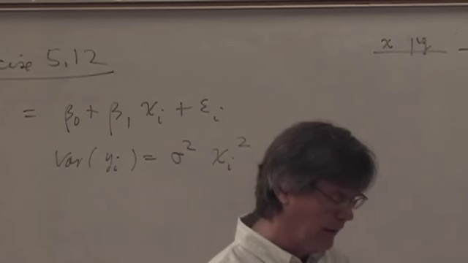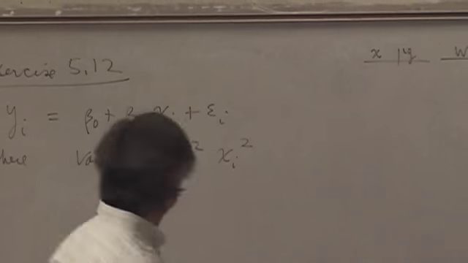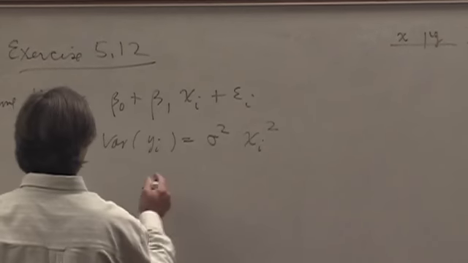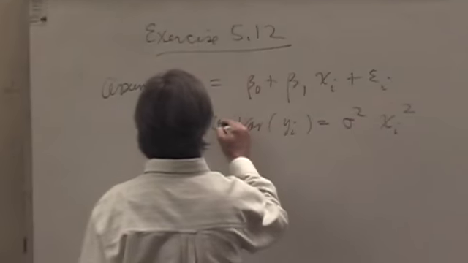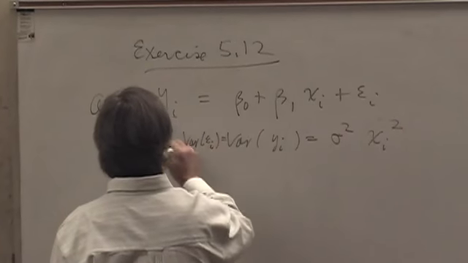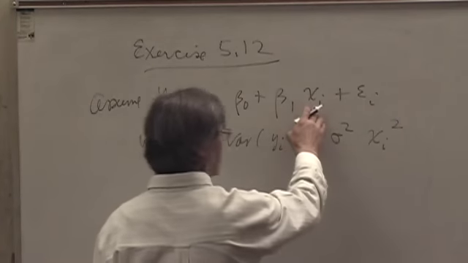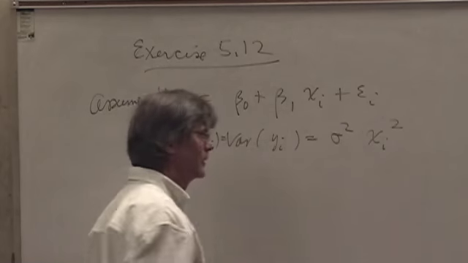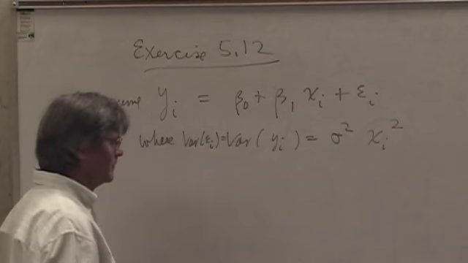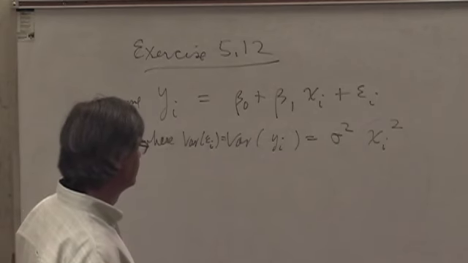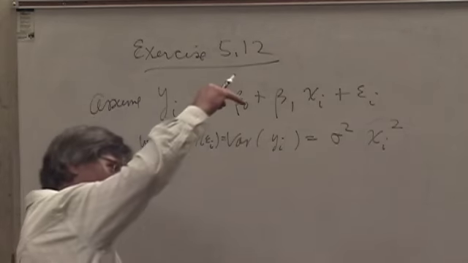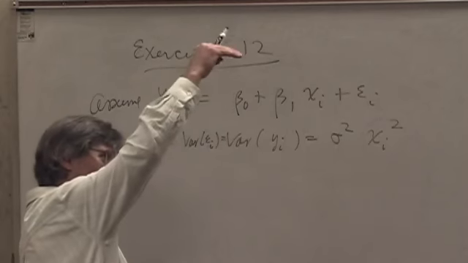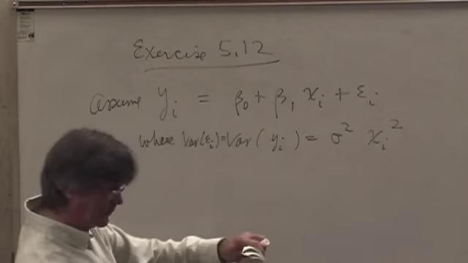Variance of epsilon_i, I'm sorry, same thing. Variance of y_i equals variance of epsilon_i, because remember, the mean is a constant, the x's are fixed. The height of the y is raised up, but the variability is the same as the variability of the epsilon.